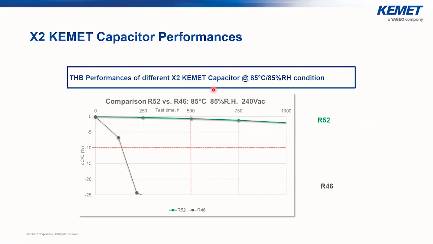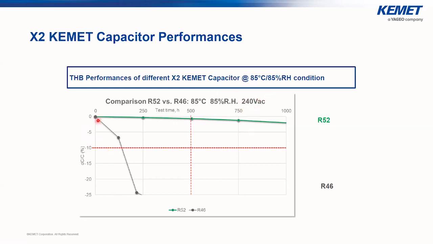So what we are showing here is the capacitance drop that we are plotting between the R52 series compared to a standard series, the R46, which is not designed to operate in harsh environmental conditions. Both series were subjected to 85 degrees, 85% relative humidity, and 240 volt AC.